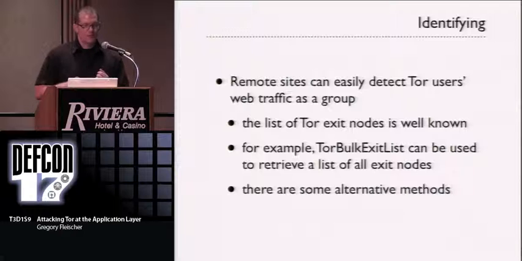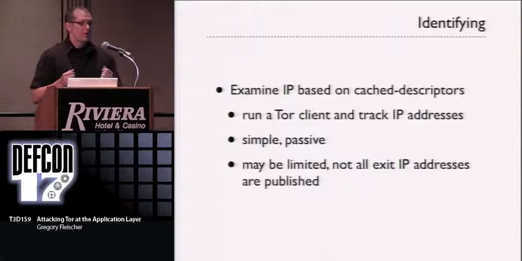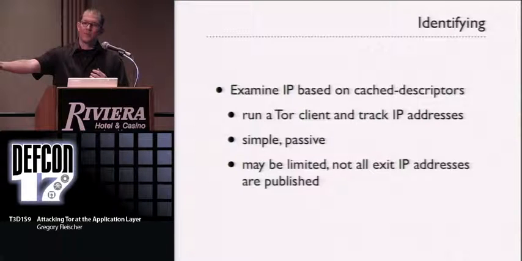So something like the Tor bulk exit list can be used to retrieve a large exit list of all the nodes, all their IP addresses, but there are a few other alternative methods. You can run your own Tor client and collect the information yourself, in a very passive, simple manner. And now you're not going out and requesting this big bunch of data.